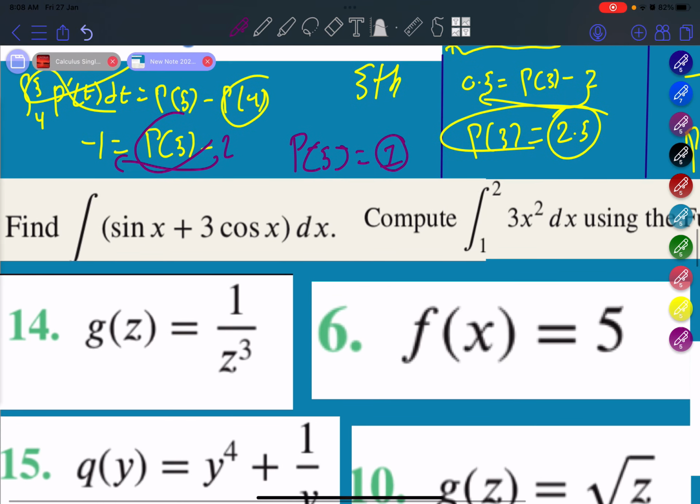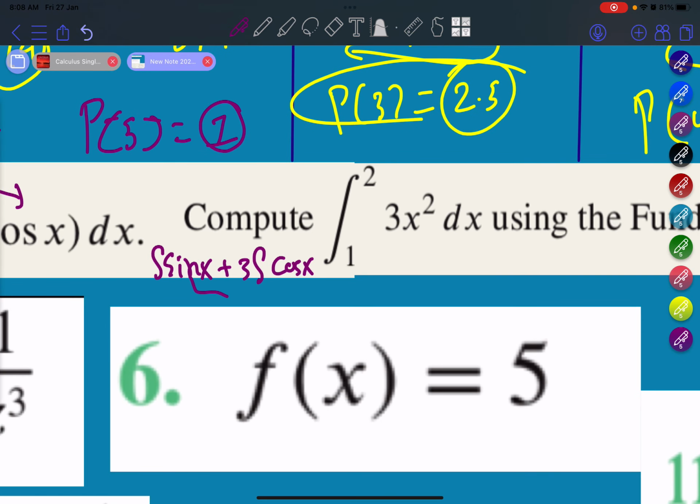Now we can actually isolate. It's like distributing the integral to sine x and 3 cosine x. So let's write it separately: the integral of sine x plus 3 times the integral of cosine x.